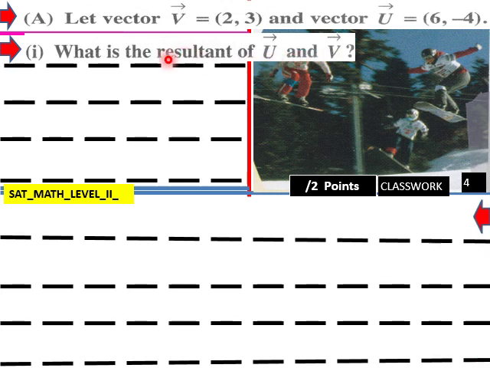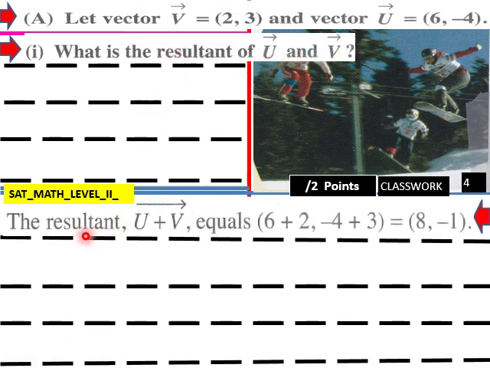The resultant of u plus v equals 6 plus 2, negative 4 plus 3, which equals 8 and negative 1. There's a lot of terminology here that you need to know. The resultant just means that you add common elements of each vector.